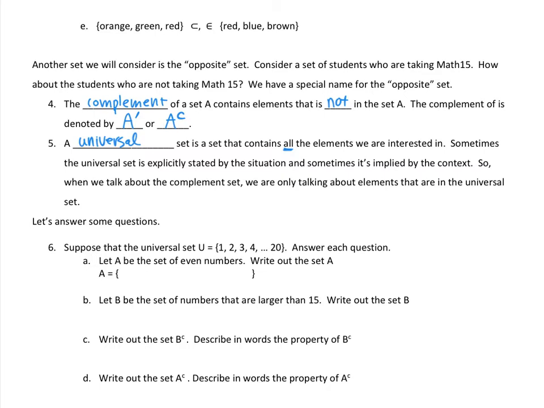That's going to be our universal set. Sometimes it's explicitly stated, sometimes it's implied. When I talk about students who are not taking Math 15, I feel like it's limited to out of PCC, right? That makes more sense. So that's called the universal set.